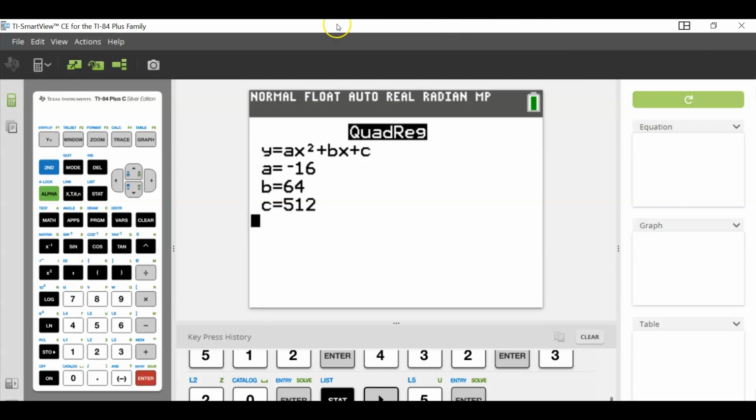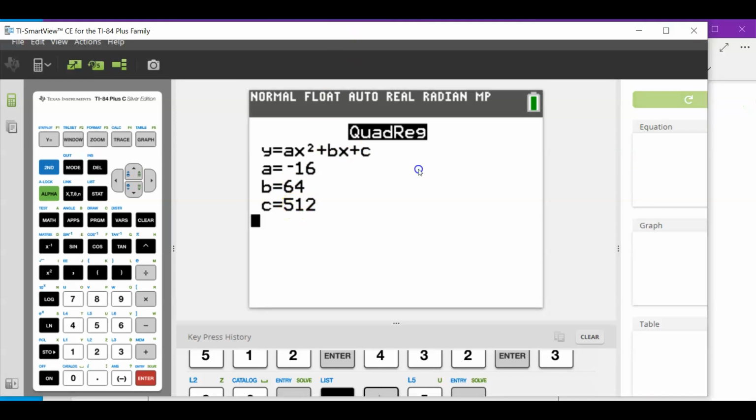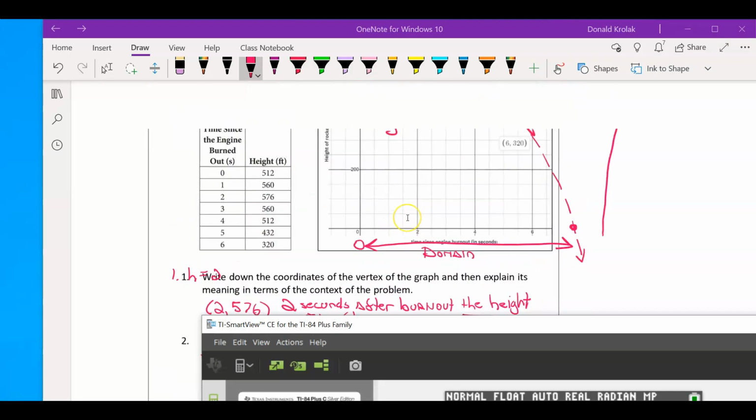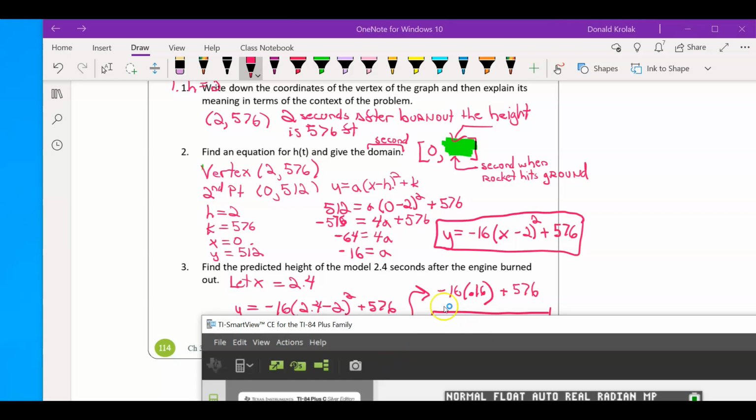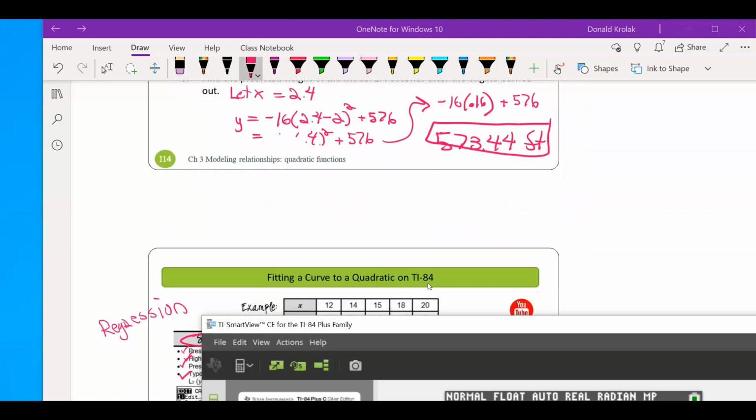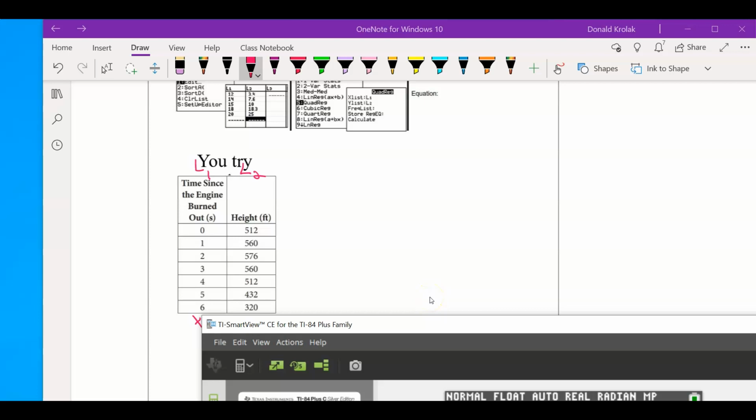Okay. So negative 16x squared plus 64x plus c. That was our equation from yesterday. Now ours look different because we wrote ours in vertex notation. This gave you the equation in general form.